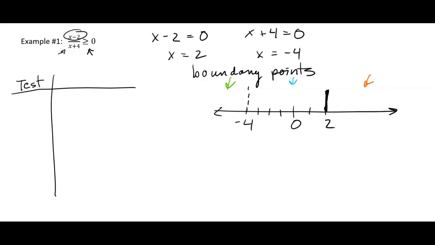If my test point works, it works for the whole section. I'm going to pick a number in the green section. I need a number less than negative 4. Usually people say negative 5, but you don't have to. You could pick negative 10 or negative 20 or something like that.